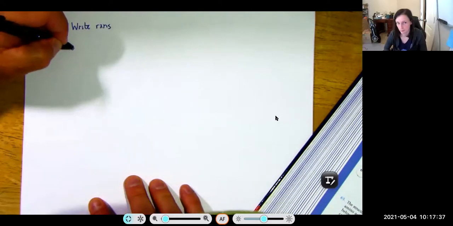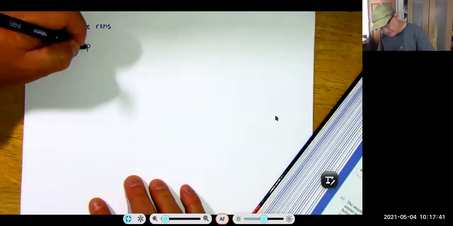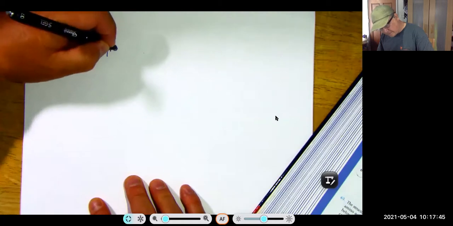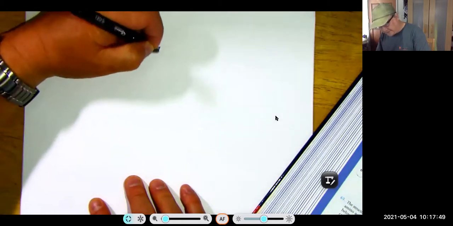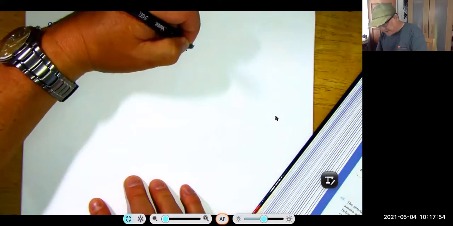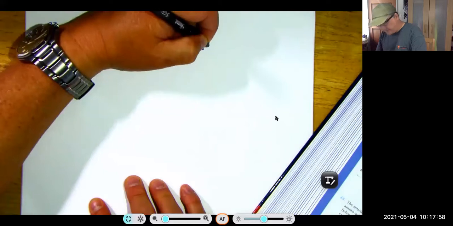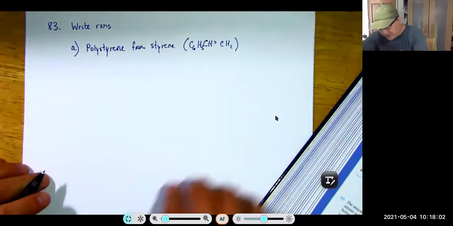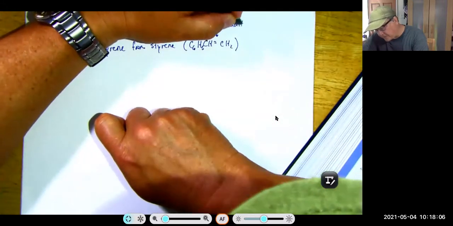Yeah. A, we're going to make polystyrene from styrene. And they tell us that styrene looks like this: C6H5 CH2. Now, when you see this double bond, we're going to have what's called an addition polymer.